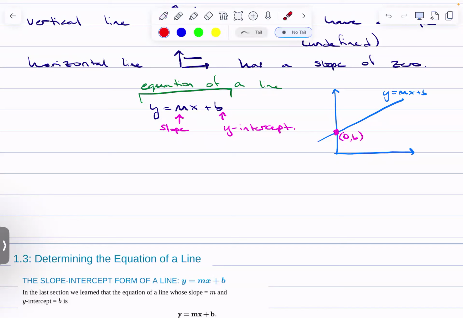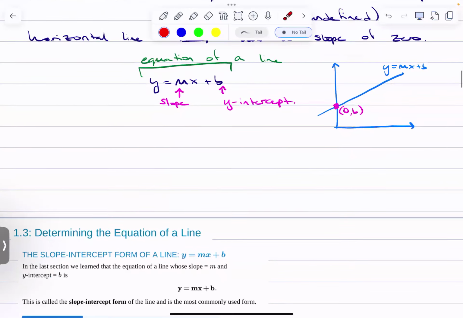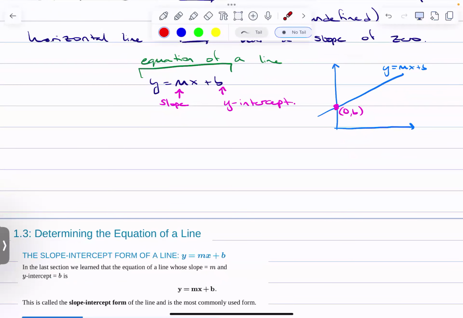This is called the slope-intercept form of the line because we have the slope and we have the intercept. So it's the most common way of writing a line. But there are two other ways that we'll also introduce today. There's the, now I can't remember, the point slope form and the standard form. We'll get there. It's in the notes.